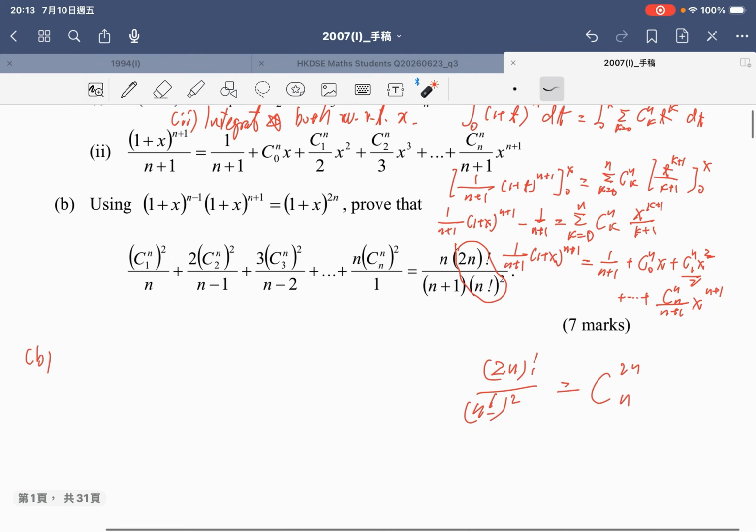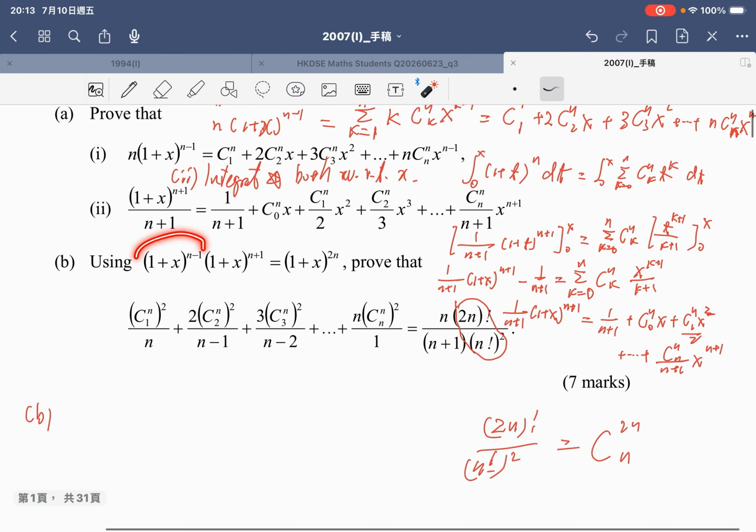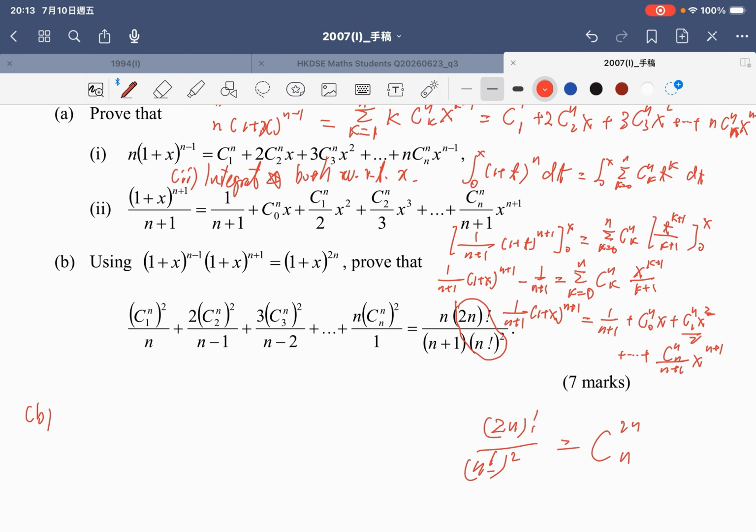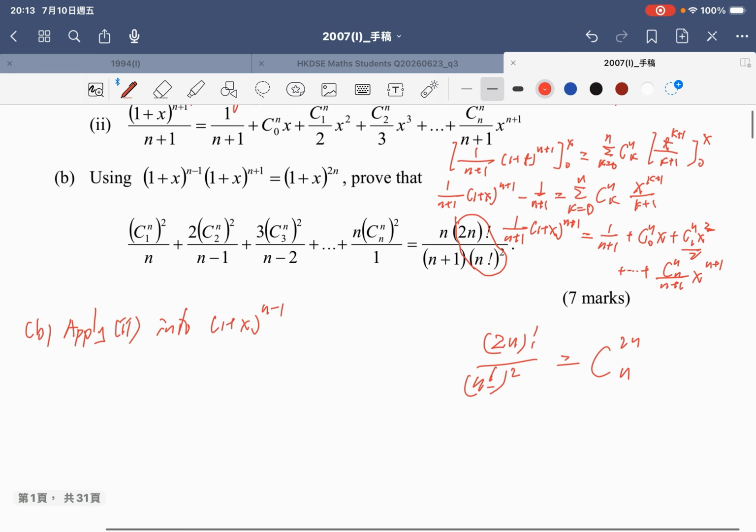For this one, because there is something in the denominator here, I think for this one I apply this equation, A2, into (1 + x)^(n-1).